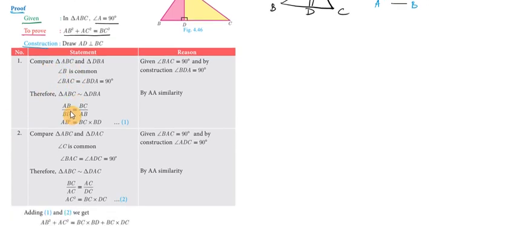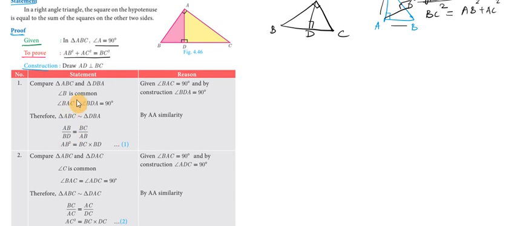So what is given here அப்படின்னா first we are comparing ஒரு குட்டி குட்டி ட்ரையாங்கிளாக நம்ம எடுத்துக்கிறோம். First we will compare triangle ABD with the entire triangle ABC.